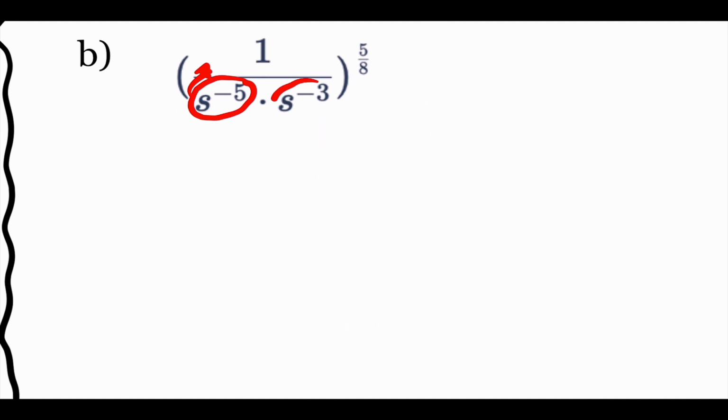Since they're on the bottom, they got to move to the top. So s to the fifth times s to the third. What's left on bottom? 1. We don't need to write that one, but it's there.